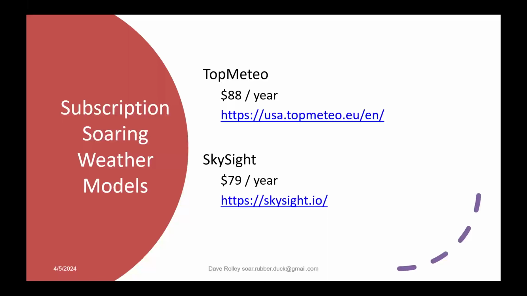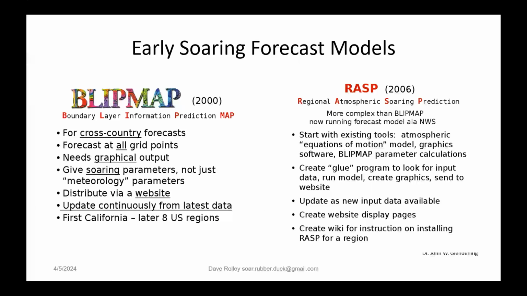So you can probably tell from that description where I spent my money. One of the things that our club has done is we have SkySight available to the club members on the club computer in the clubhouse, so they can come in and use that in their pre-flight. And then RASP is also available because that's a web-based interface.